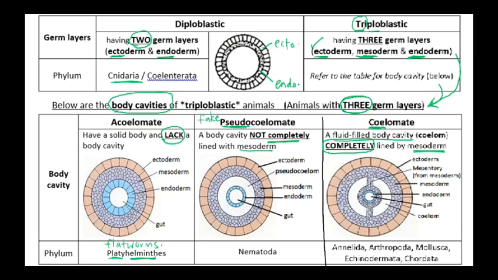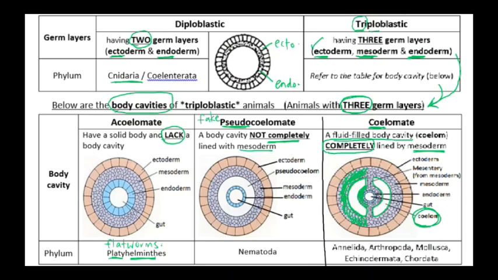So if completely lined by this mesoderm layer, that means this space here, the empty space here, is all surrounded by the two layers of mesoderm. The outer part of the space as well as the inner part of the space is completely lined by mesoderm. That's the meaning of coelomate.